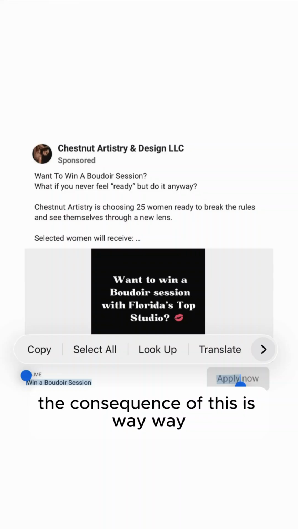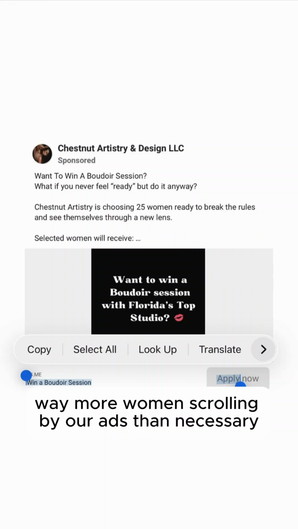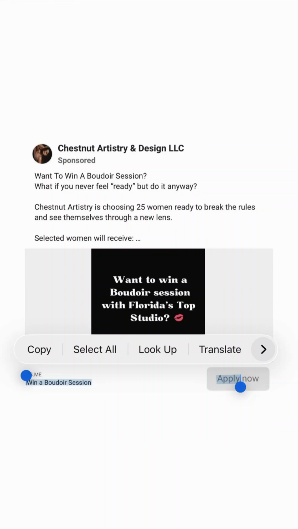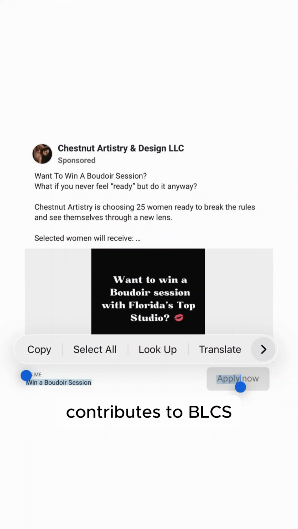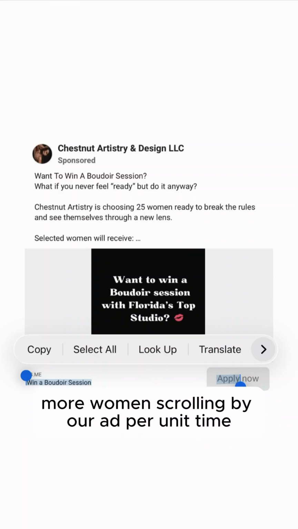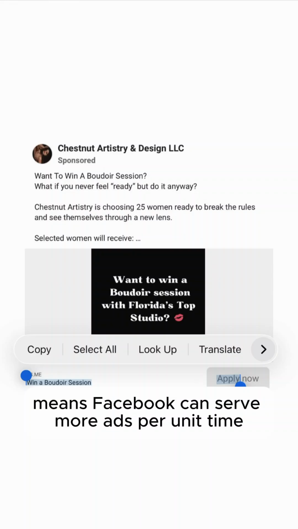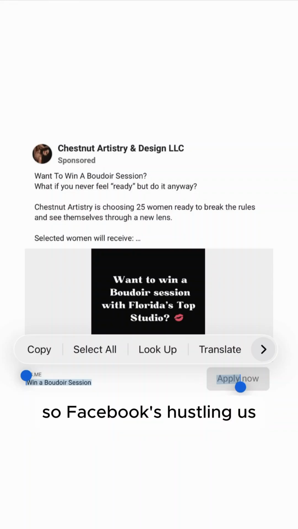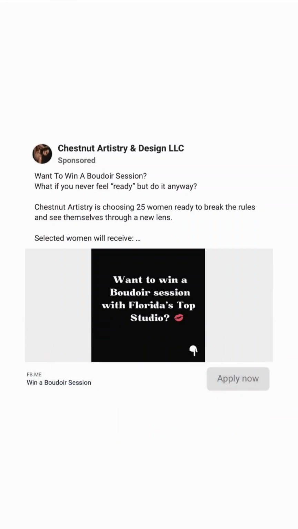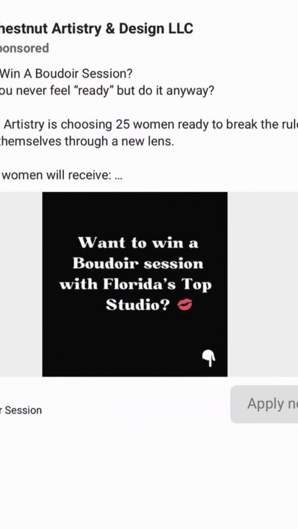The consequence of this is way more women scrolling by our ads than necessary, and as a result, that pulls our unique CTR under 6% and contributes to BLCS. Facebook's happy though: more women scrolling by our ad per unit time means Facebook can serve more ads per unit time and earn more money per unit time. So Facebook's hustling us.